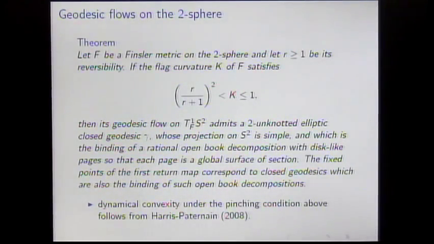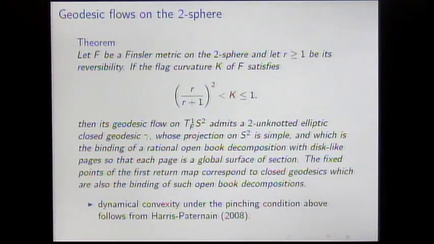Then we have the application of our theorem, which says that we have this elliptic closed geodesic, and moreover, with all the structure of the flow of the open book decomposition, it's possible to say that this is simple.